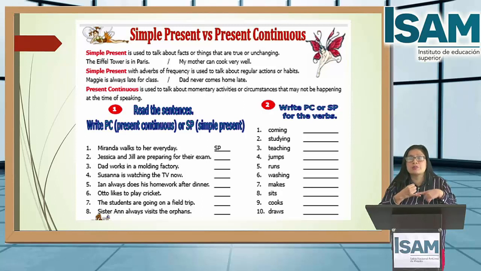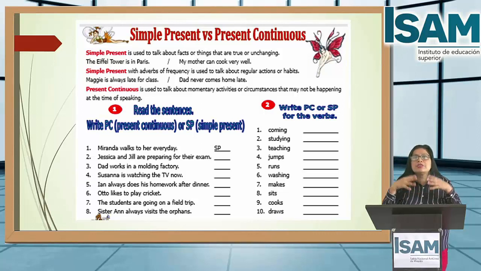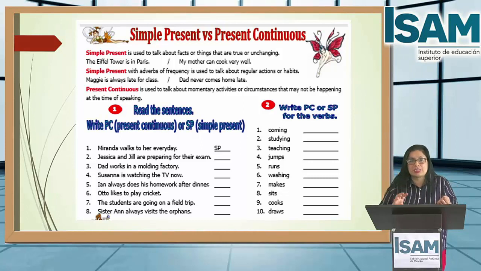Also, we use the present simple for a habit, yes or no, as a habit. Now you have an example. The Eiffel Tower is in Paris. That's true. My mother can cook very well. That's true, no change. That's the situation, right? And also, you get up at 5 o'clock as a habit.